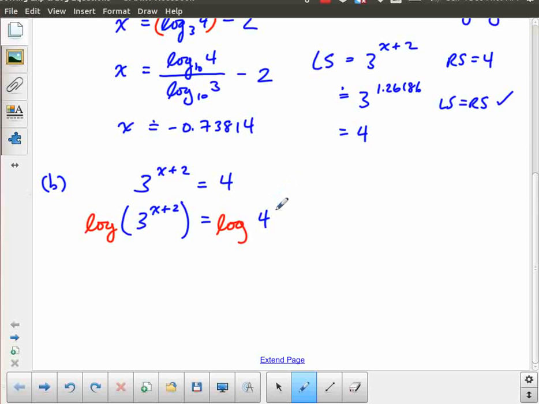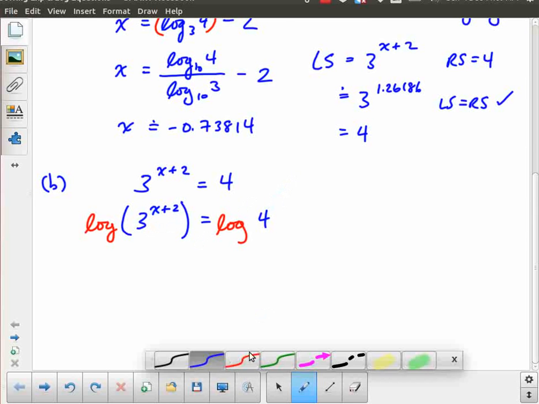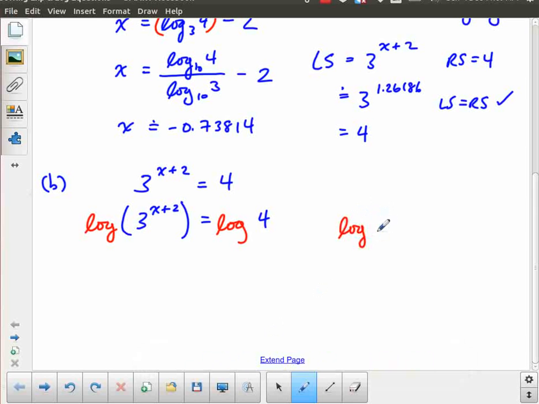And now that I've taken the logarithm, I can actually make use of one of our laws of logs, which is something we talked about in a previous lesson, which is if I have the logarithm of x to the r, that's the same as r times the logarithm of x.